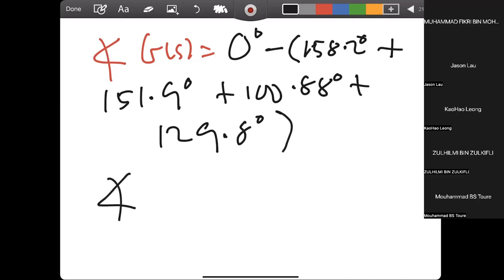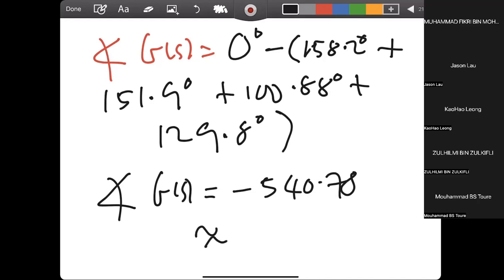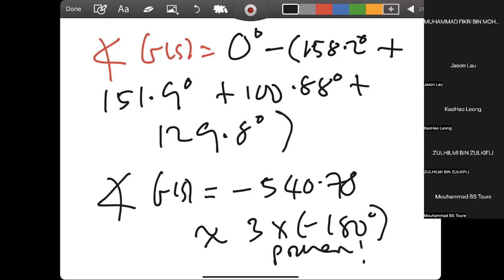Okay, so the angle is minus 540.78, which is about 3 times minus 180 degrees. So proven, minus 8 plus j3.2 is on the root locus, because it fulfilled the angle criterion.